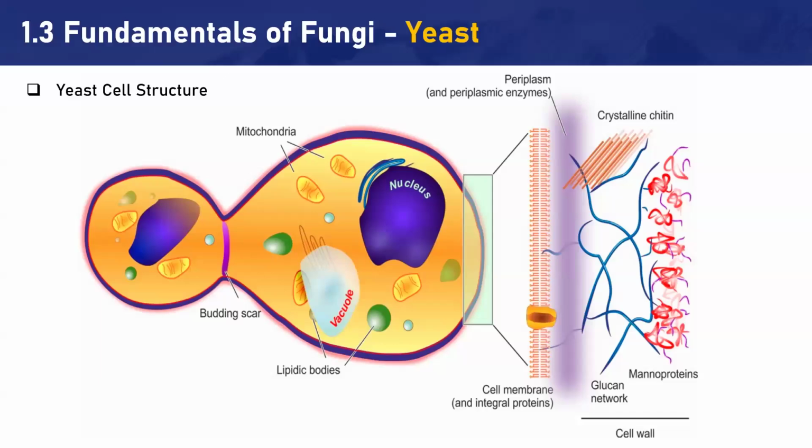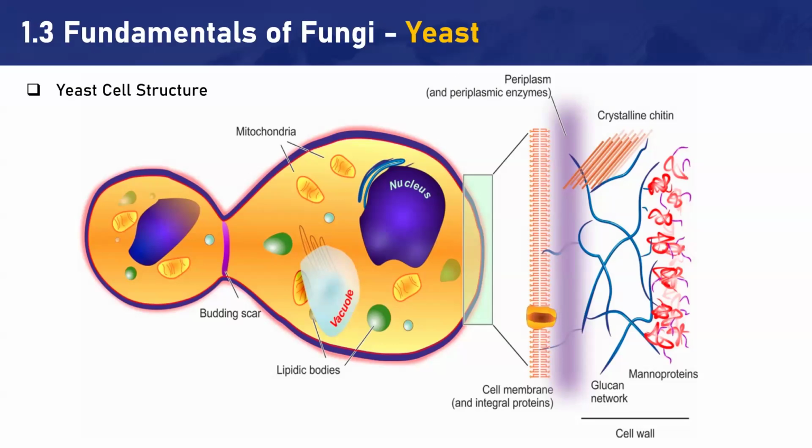So we can differentiate between yeast and bacteria by size. Under the microscope, it's very difficult to observe bacterial cells. However, we can easily see yeast cells.